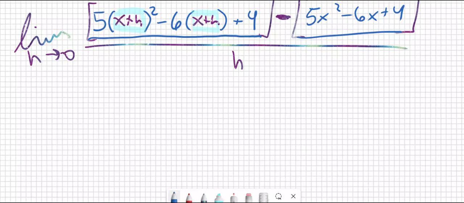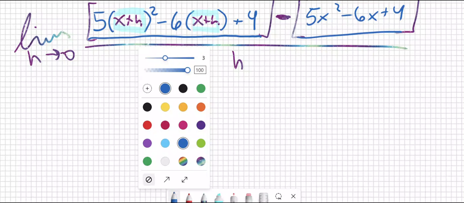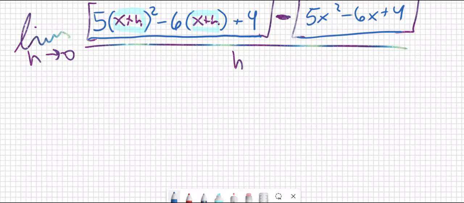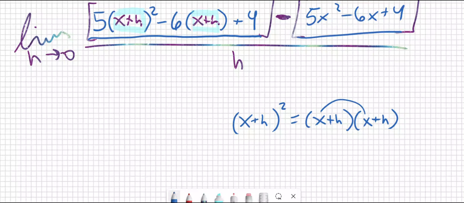So first thing to be careful about, eventually you'll get really used to it because it comes up a lot, but x plus h squared means x plus h times itself. So I know it's tempting, but we can't just throw the squared in there. If it's this quantity times itself, see how that requires FOIL? So my first two terms, x times x is x squared.